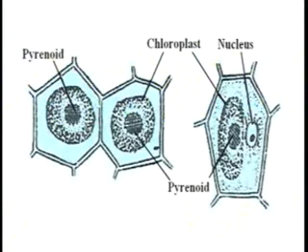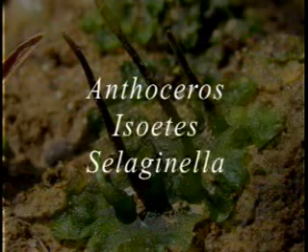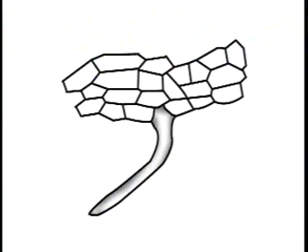I think it is pertinent to mention that the presence of chloroplasts containing pyrenoids is a characteristic feature of algae, but is unknown in Archegoniatae, the only exception being Anthoceros, Isoetes, and Selaginella. On the ventral surface of the thallus, there are many rhizoids, which are unicellular and smooth-walled.